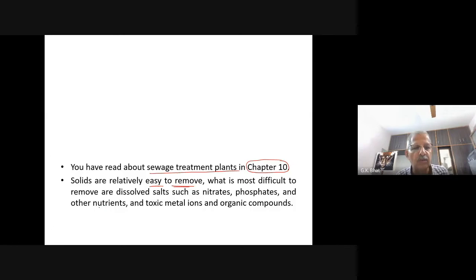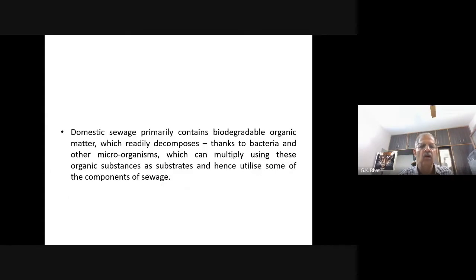What is most difficult to remove are dissolved salts such as nitrates, phosphates, other nutrients, toxic metal ions and organic compounds. You can remove the solid waste and the floating debris, but the problem is to remove the dissolved nitrates, phosphates, and other nutrients, including metals and organic compounds. Domestic sewage. What do you mean by domestic sewage?